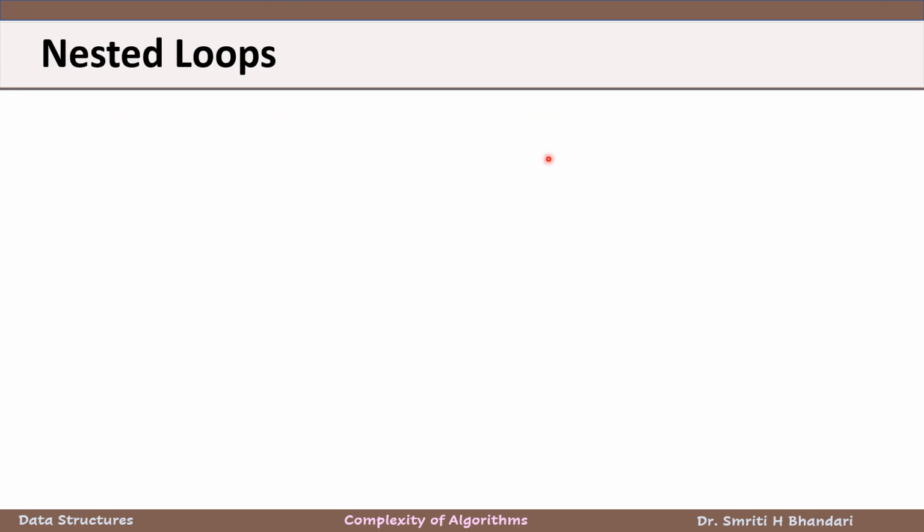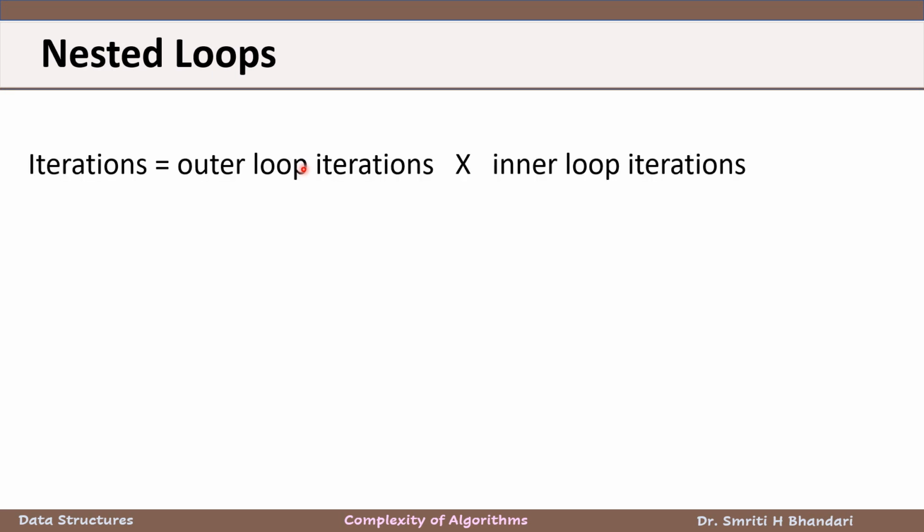Now another construct that we always may have in our programs is nested loops. If our algorithm has nested loops, then the number of iterations is computed as the multiplication of the outer loop iterations and inner loop iterations, right? How many times the outer loop executes, those many times the entire inner loop gets executed.